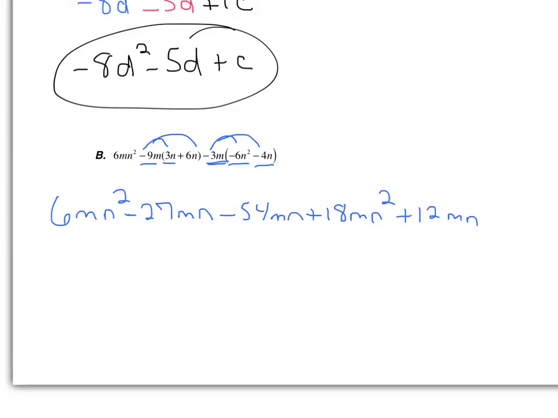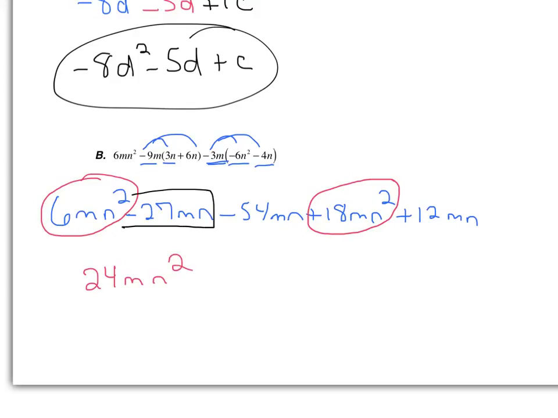And then we'll start looking for like terms. So I have 6mn squared. I'm going to look for something else that's mn squared, and I have positive 18. So 6 and 18 make 24mn squared. And then I have minus 27mn and minus 54mn and plus 12mn.